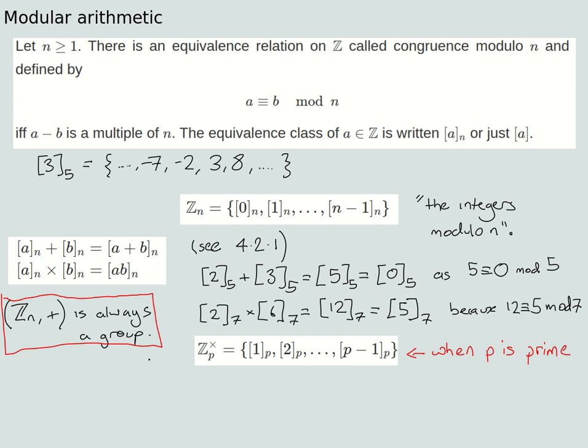Now in this case, what we get here is a group under multiplication. So when p is prime, the set Z_p cross, so all of the equivalence classes except the equivalence class of 0, is a group under this definition of multiplication of equivalence classes.